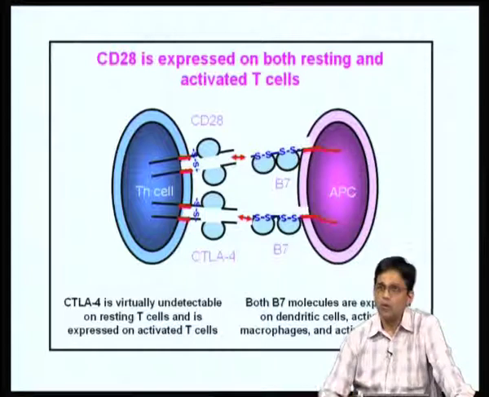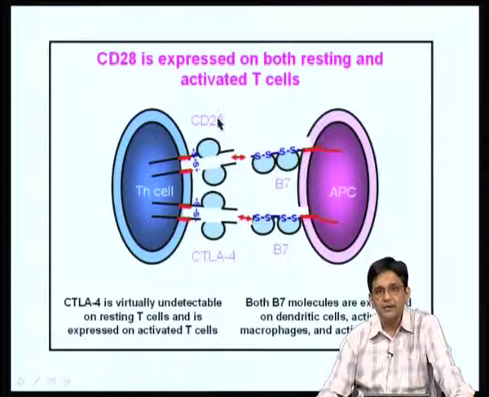As was shown in that slide, an important co-stimulatory receptor present on T cells is CD28. What is important is that CD28 is present on both resting as well as activated T cells, and CD28 binds to molecules known as B7-1 and B7-2, also known as CD80 and CD86, which are primarily found on antigen presenting cells.